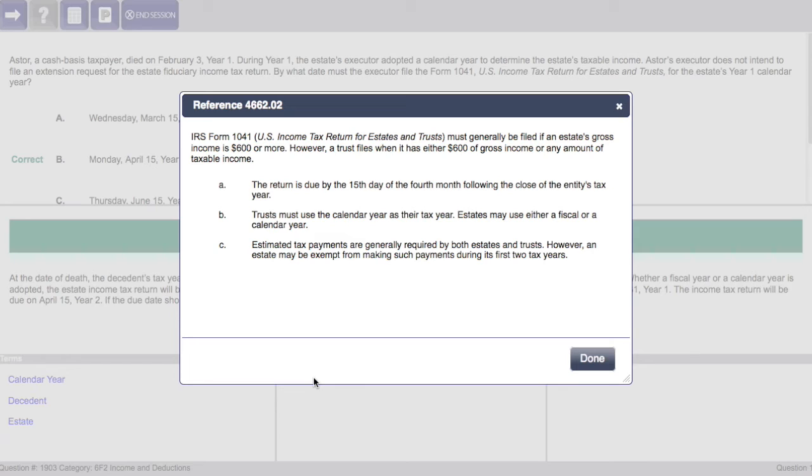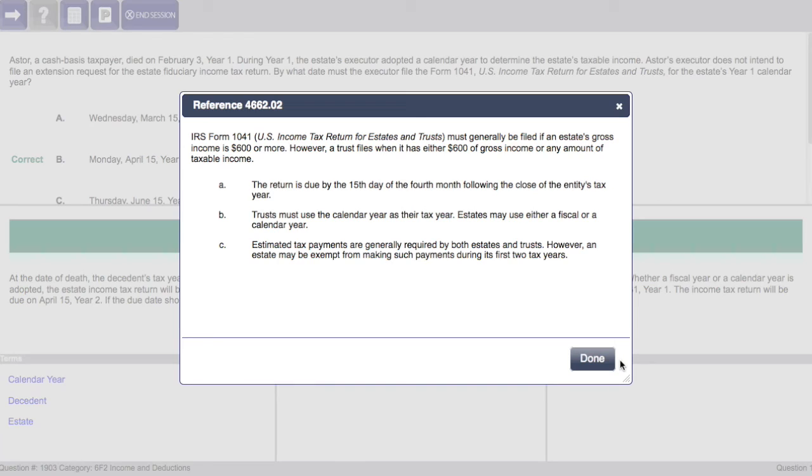And the return is due by the 15th day of the 4th month following the close of the entity's tax year. So using round numbers and assuming April 15th for no holiday, the end of the calendar year was December 31st. So the 4th month is April, the 15th day. You get it.